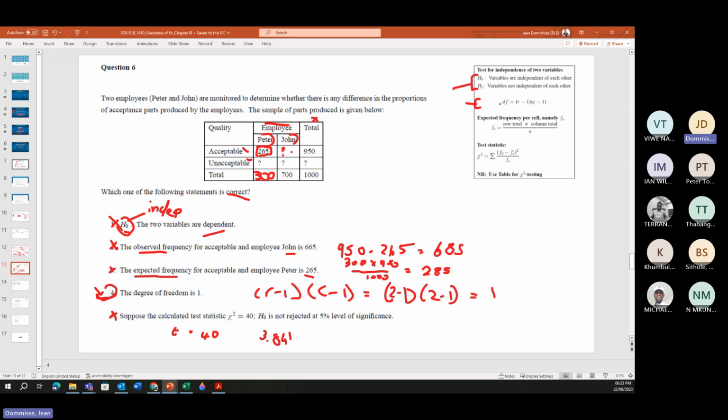We looked at the degrees of freedom. This time they asked us to work out the expected, and then they still used the t-stat versus the critical value for us to make a decision. Okay, so that again is another example of your hypothesis testing.